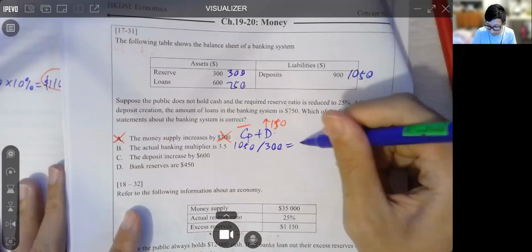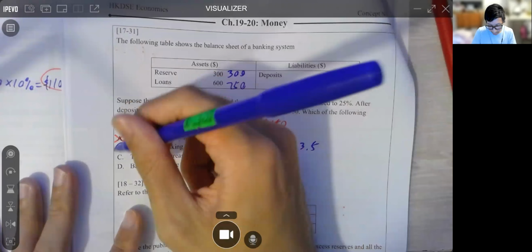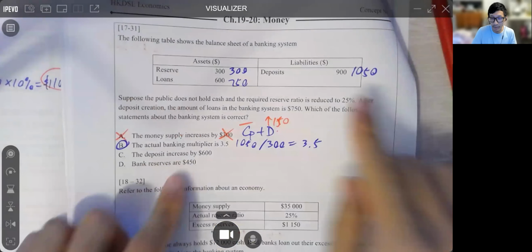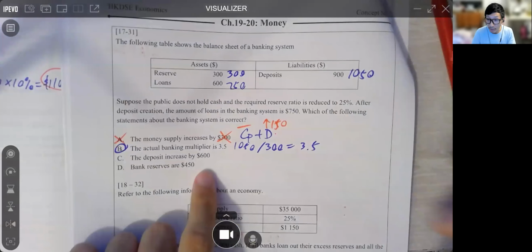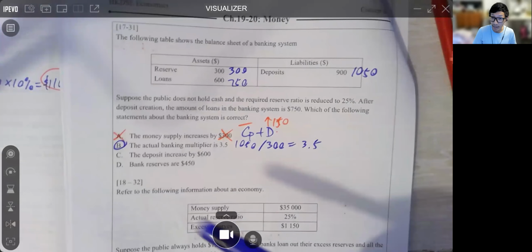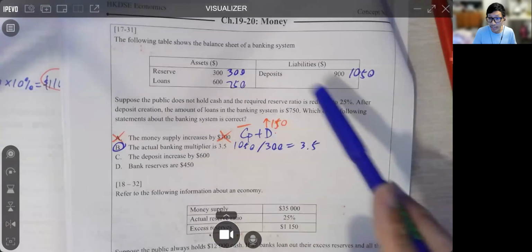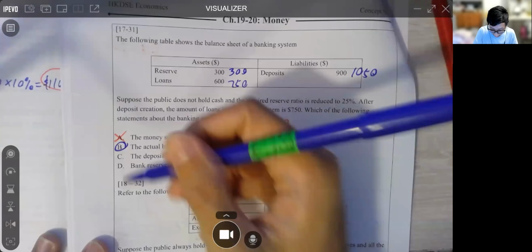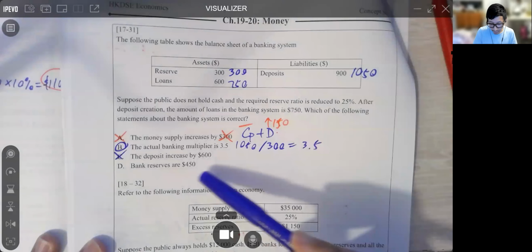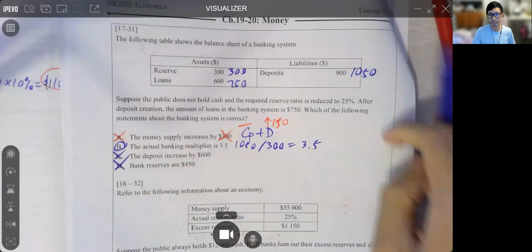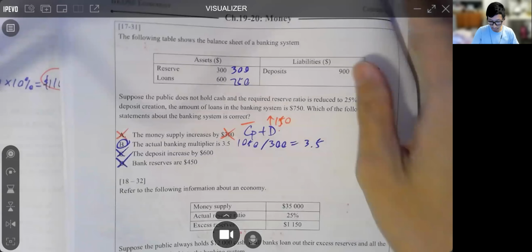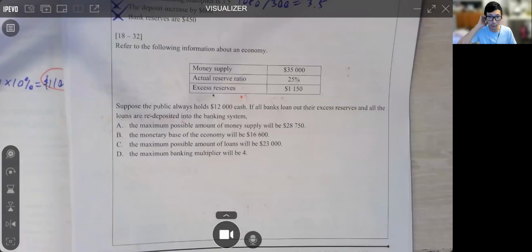I think this would be 3.5. Correct. Okay. Deposit increased by 150. 點解會600啊？Those people who actually calculate using 300 and then divided by this one. Not correct. Bank reserve, no, there is no change. 好嘛？好。Last MC before we move on to short questions.